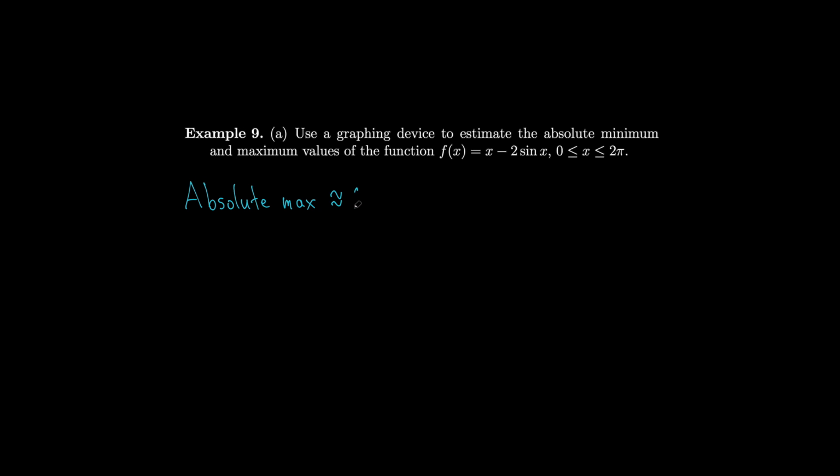From what we saw, it's approximately 6.97, when x is approximately 5.2. The absolute minimum is approximately, from what we saw, negative 0.68. That's the y value, when x is approximately, let's say, 1.